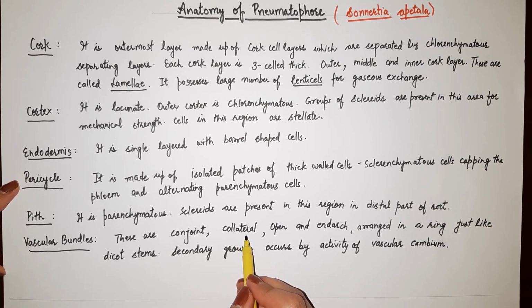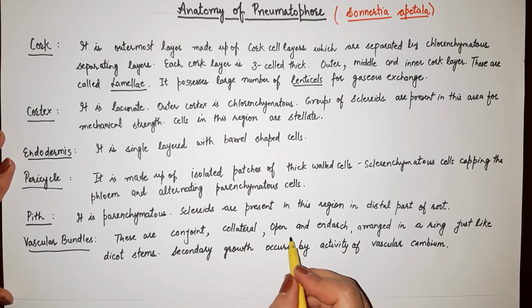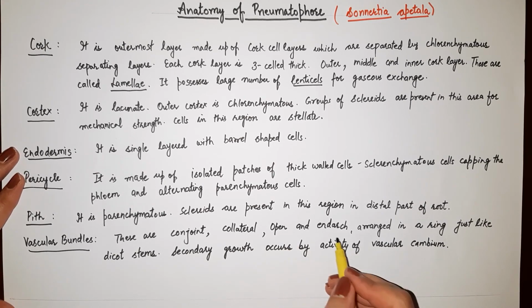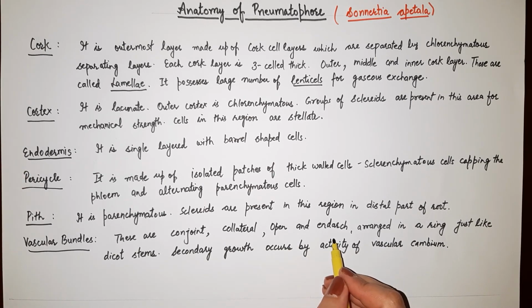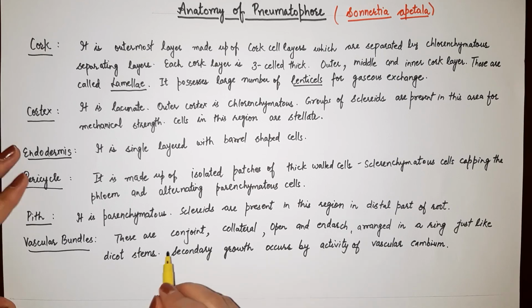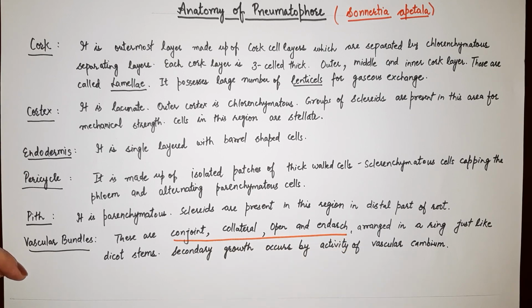They are collateral, means a single strip of cambium is present in between xylem and phloem. They are open, means cambium is present, so there is scope of secondary growth. Endarch means the protoxylem faces the center of the pneumatophore and metaxylem is present towards outer side. So all characters, they are typical of a dicot stem. Okay. So because cambium is present, so secondary growth also takes place. So that was about the structure. So now we will draw the cellular diagram.